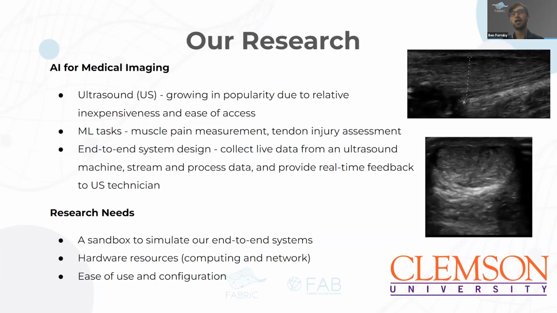Some of the machine learning tasks that we look at are muscle pain measurement and tendon injury assessment. And so when we run experiments, we like to do end-to-end system design, where we start at the source, collecting live, raw ultrasound data from an ultrasound machine.